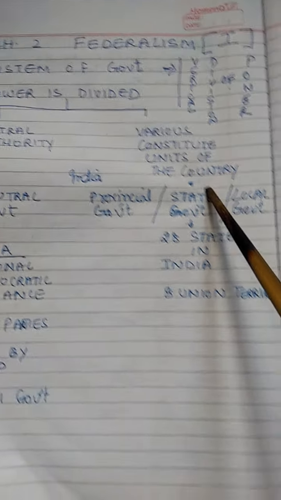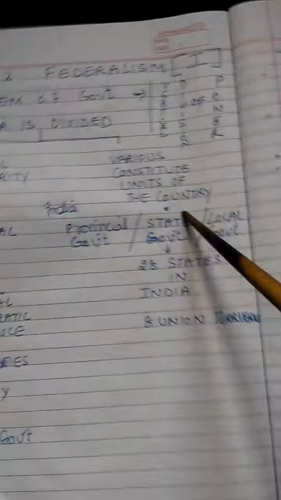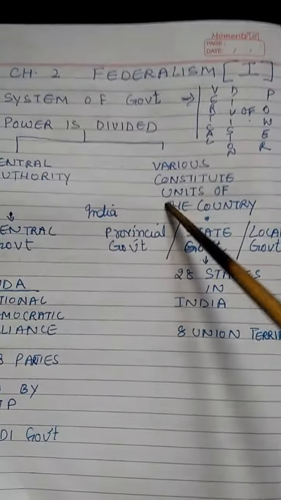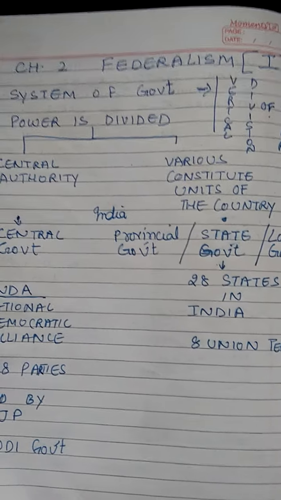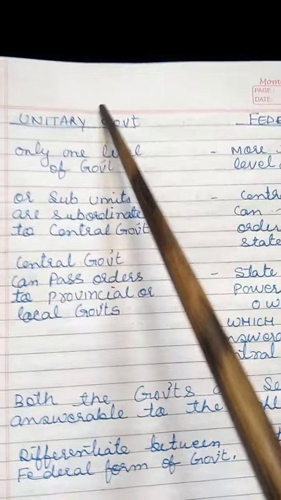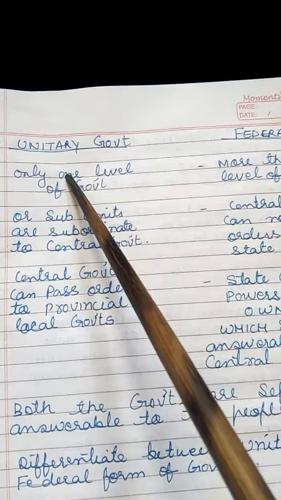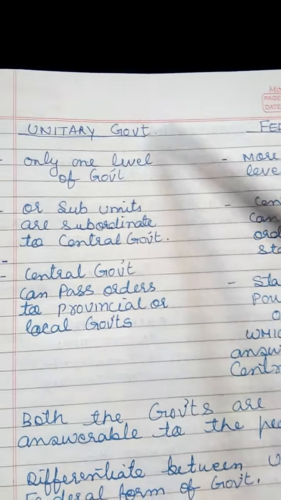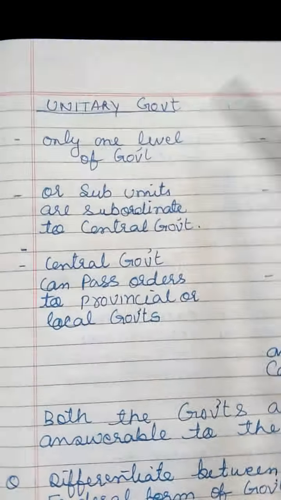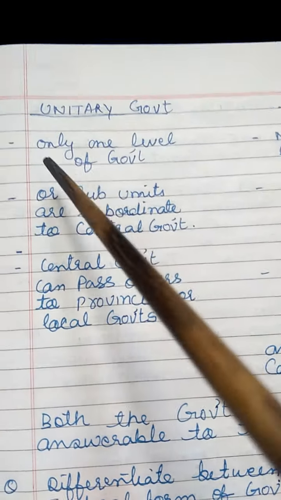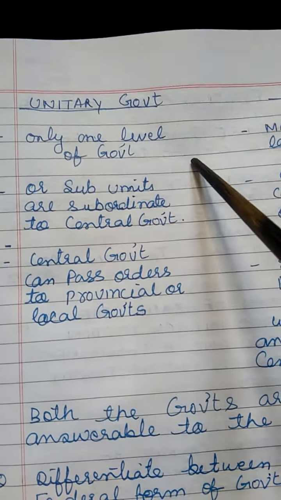Now, simply, if there is federalism, that means there should be some other system also. Yes, definitely. Now, we will talk about another system. There can be unitary government and then there can be federal government. Let's differentiate between the unitary government and the federal government. First of all, let's talk about unitary government. As the name indicates, unitary government means only one level of government is there.